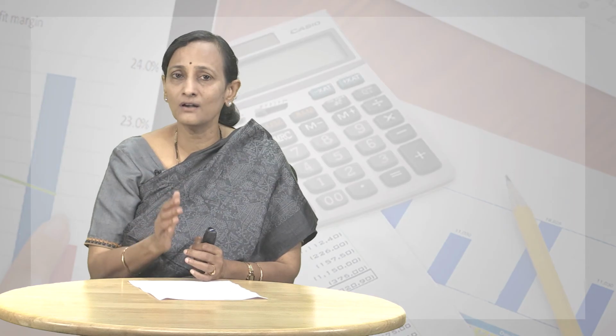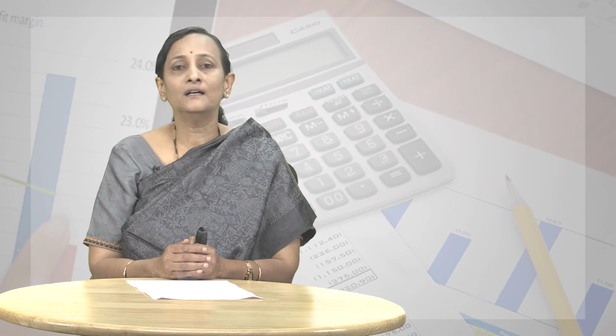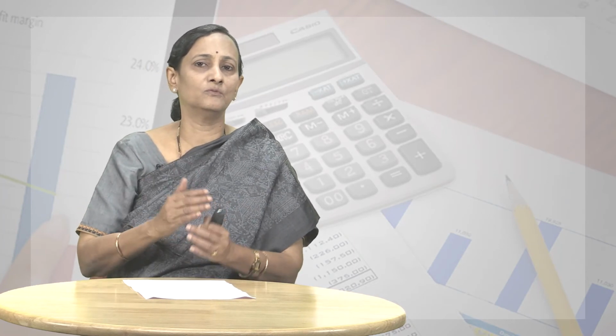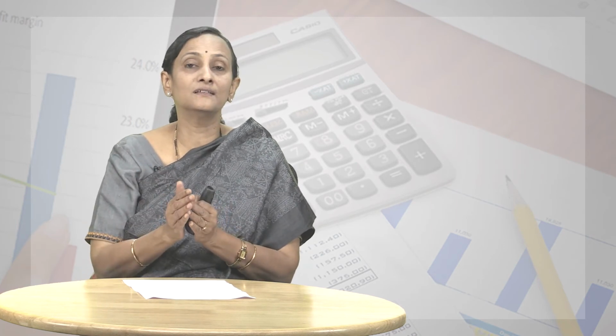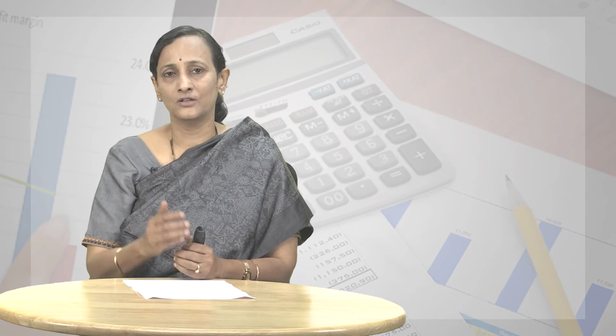Mind you, this has got nothing to do with the legal aspect of the business. For example, a business may be a proprietorship or a partnership business. Here, the liability of the business and that of the promoter would be the same. But in the balance sheet, we record these as two separate entities because of the business entity concept.